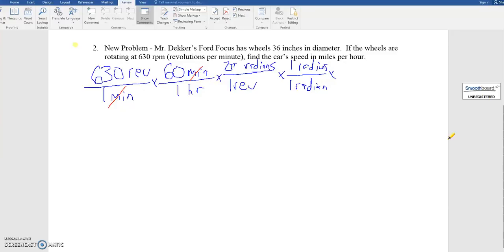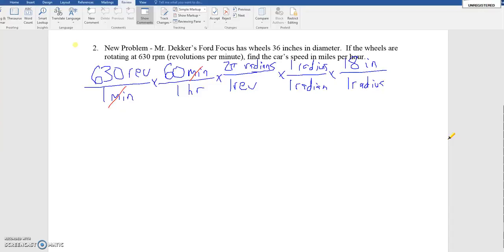Okay, my car has 36-inch diameter wheels. That means that the radius of those wheels is 18 inches. So I know that 1 radius is 18 inches. And now all of a sudden we are using units that deal with length.